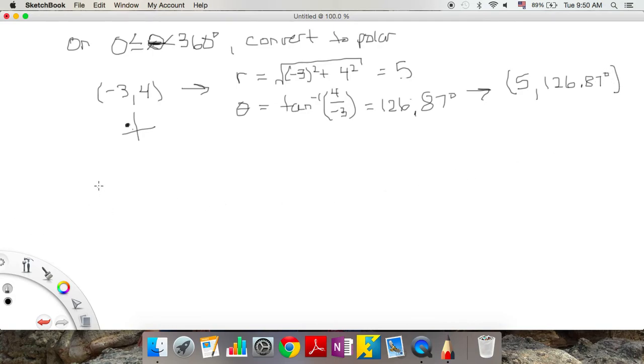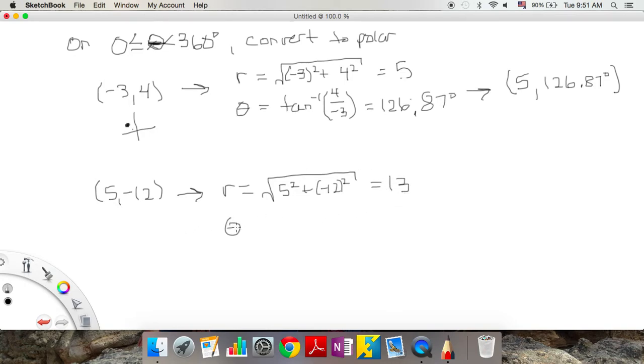All right, here's another one. 5, -12. Pause the video and turn this one into polar coordinates so that you can check and make sure you know how to do that. So we have r is equal to the square root of x squared plus y squared. So 144 plus 25 is 169. Take the square root. You should have gotten 13.